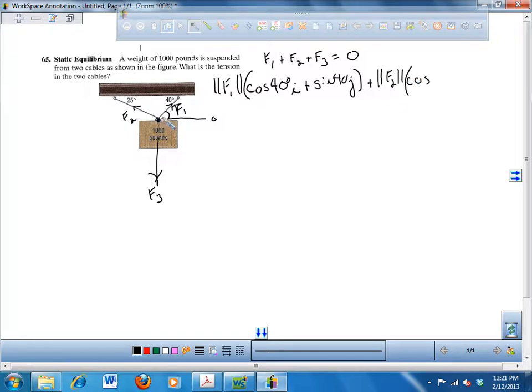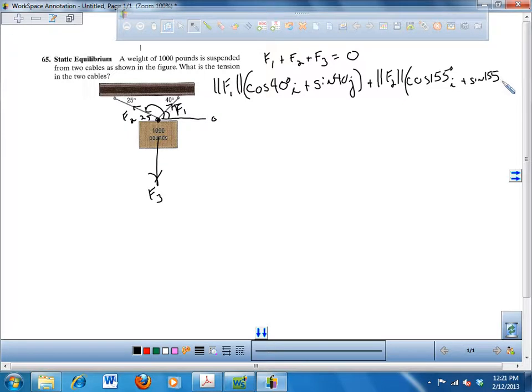Not 25, because it's this angle from here to here, and that makes a difference in the sign, whether it's negative or positive. So you don't call that 25. This is 25, and that angle from there to there has to be 155, right? 180 minus 25. Cosine of 155 i plus sine of 155 j.